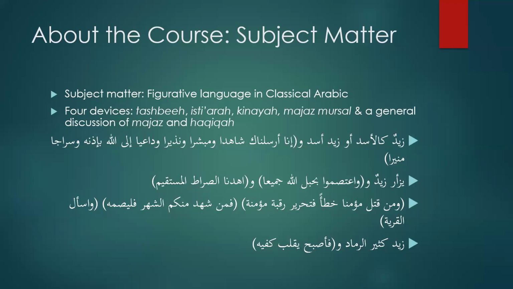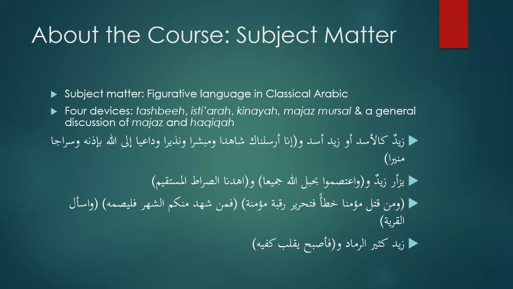Okay, and then Zaydun kathirur ramad. That's an example of kinaya. What is kinaya? Kinaya is also considered a haqiqa, and I'm going to talk a little bit later on, inshallah, about why I don't hold that view. So the strongest view is that it's considered a type of haqiqa. And why is it considered a type of haqiqa?